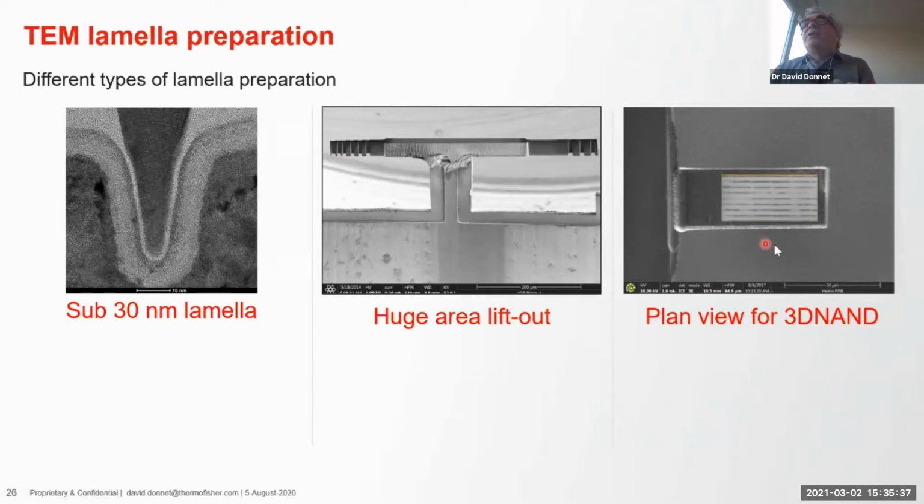And the special use case is plan view TEM of 3D NAND. So if you think to the previous slides where we discussed delayering, we can use the delayering concept for TEM lamella preparation. So we go through the usual procedure of making a plan view TEM, and then we can remove layer by layer of the 3D NAND until we're at the layer we want. And this, in the end, provides a huge area.